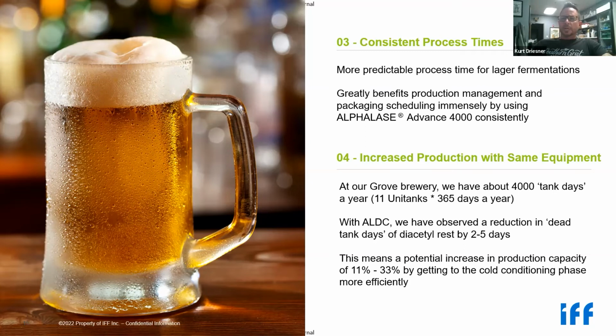The consistent process times. This has really helped our production manager and our brewers. I get far less emails and texts asking, did this beer pass? Did this beer pass? Did this beer pass? I used to get that day in, day out, kind of hoping that this particular one was finally going to pass diacetyl that day and they could go ahead and cool it because we needed to brew more and orders were piling up.